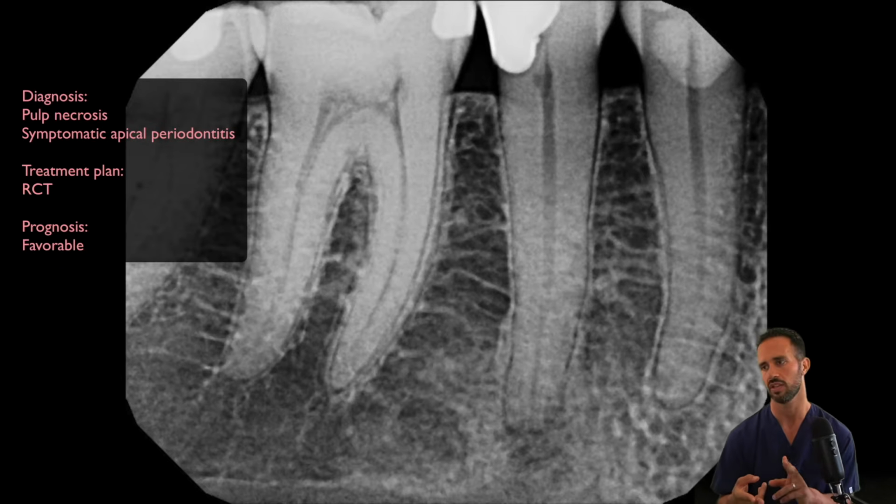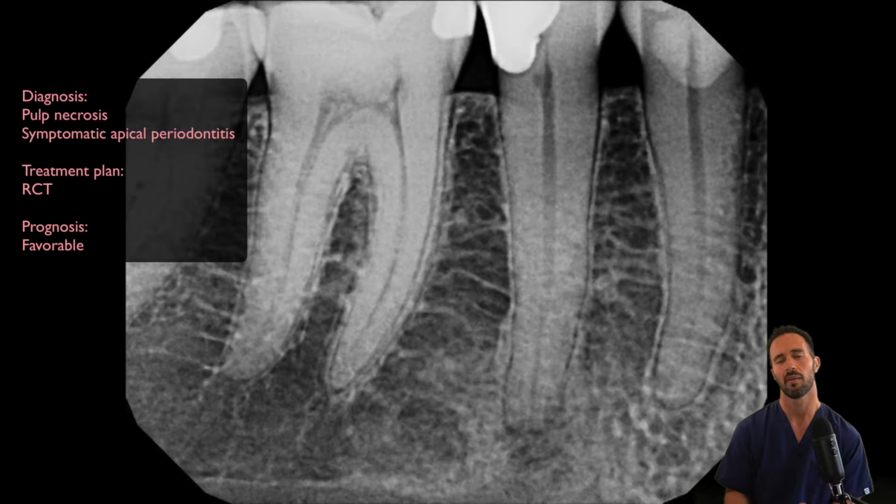You can have a patient who develops some swelling after the treatment is done. That can happen with a calcium hydroxide inter-appointment medicament as well, but when you have calcium hydroxide in there, it's easier to manage that emergency appointment as opposed to when you have a root filling compacted into the root canal system.